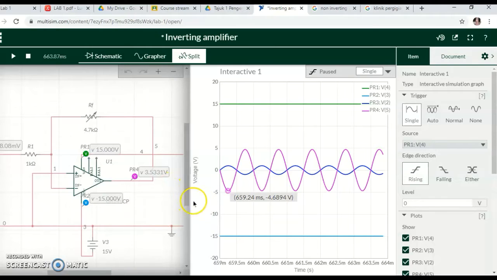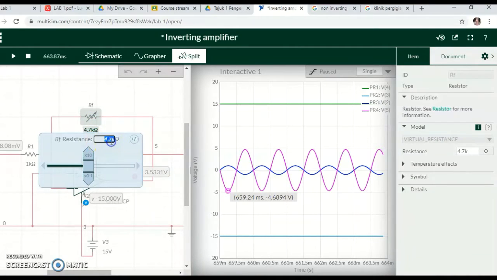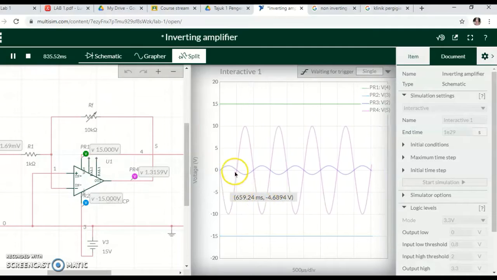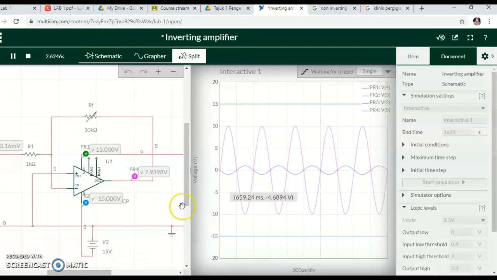Then repeat the step by changing the resistor to 10 kilo ohm. Okay, I need to change the resistor first. Then click play. We can see the voltage will increase.